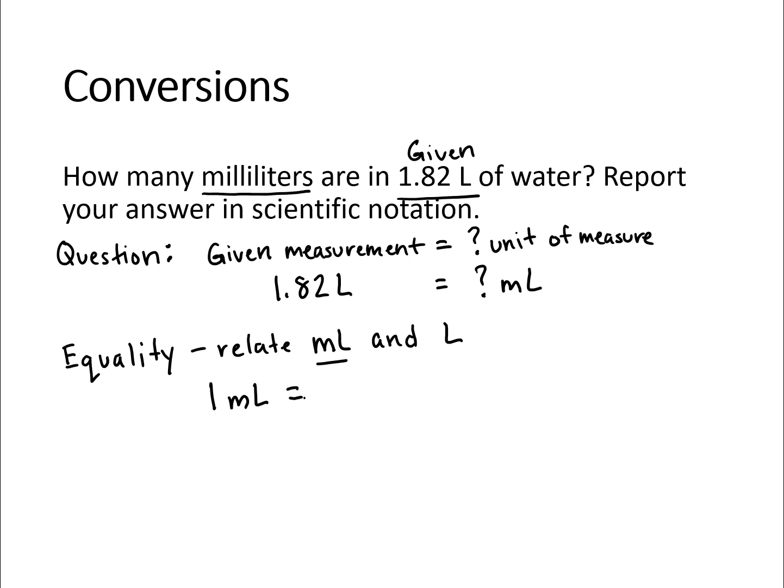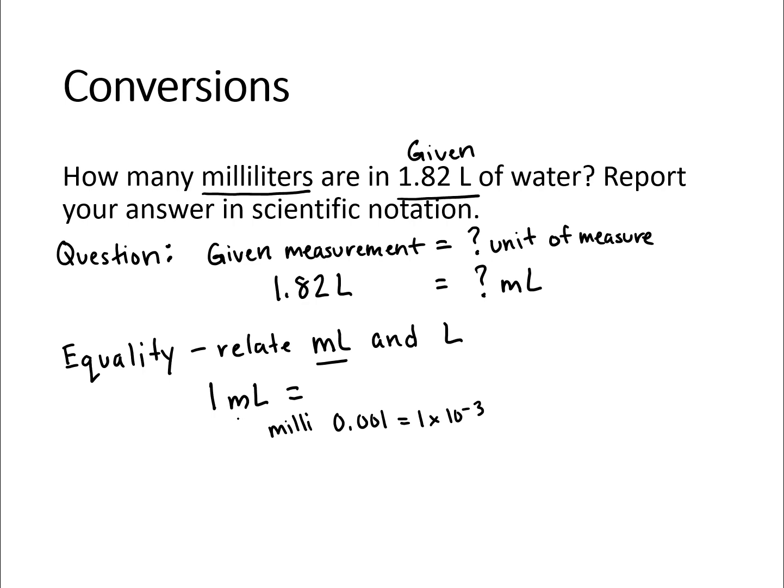You can use the chart and look for the lowercase m. Remember, there's two M's. One's uppercase, one's lowercase. The lowercase one is what you want. When you do that, you'll find that m is milli, and it means 0.001, which is the same thing as 1 times 10 to the minus 3.